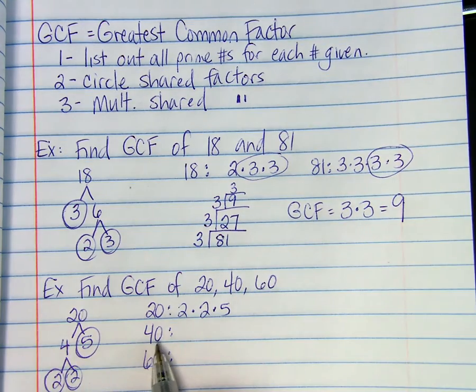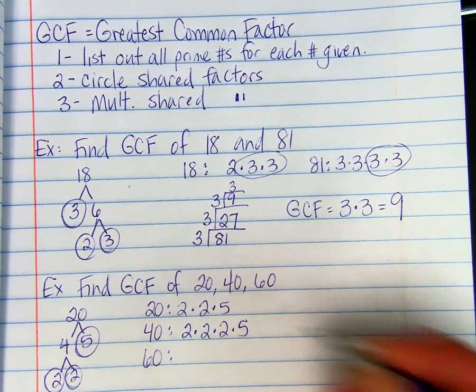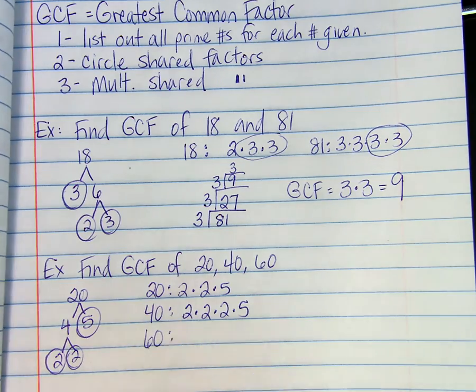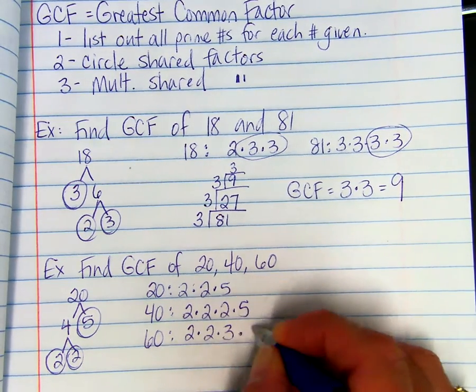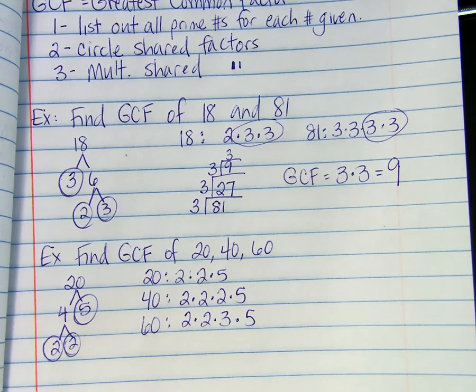Wait, 40 will just be one more 2, right? Because it's 2 times 20. So I can just put 3 2s and a 5. And 60 is 3 times 20. So I can take my 20 and add a 3. Whoa, I didn't even have to do factor trees on all those. That's awesome.